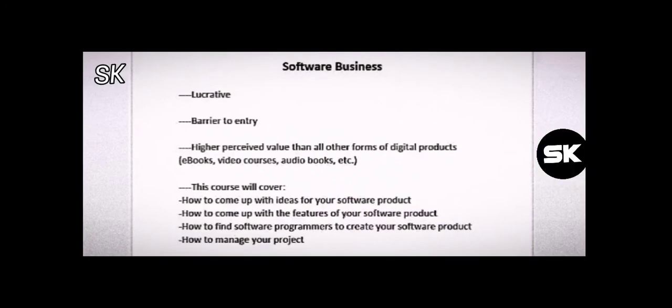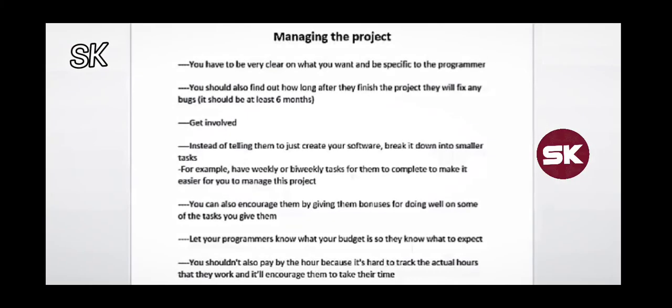It's going to cover how to come up with ideas for your software product, how to come up with the features to include in your software product, how to find software programmers to create your software product, and how to manage your project. When you're working with your programmer, you have to be very clear on what you want and be specific with the details.